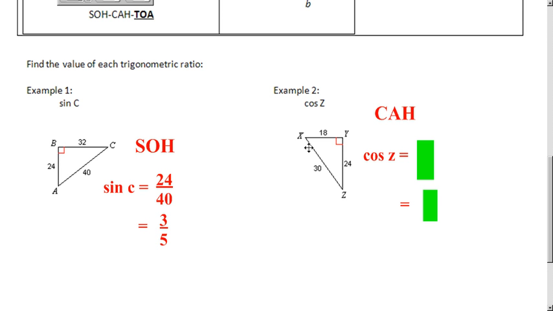Well, remember what 30 represents. 30 represents your hypotenuse, which is opposite of your right angle. Therefore, 24 is neighboring. So 24 is adjacent. And then we have H, which is our hypotenuse, and we just talked about our hypotenuse here is 30. So you would have cosine Z is 24 over 30, reducing to 4/5.